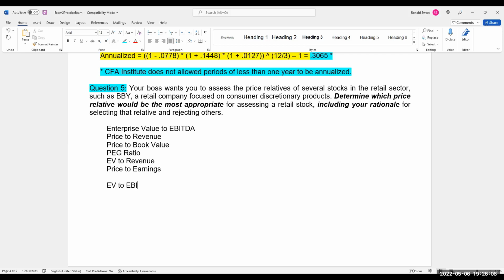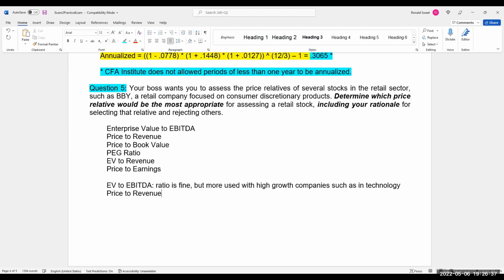EV to EBITDA, I would start off with ratio is fine, but more used with high growth companies such as in tech. So the revenue based ones tend to use the EV, the EBITDA, EV, the EBIT, those kind of things.